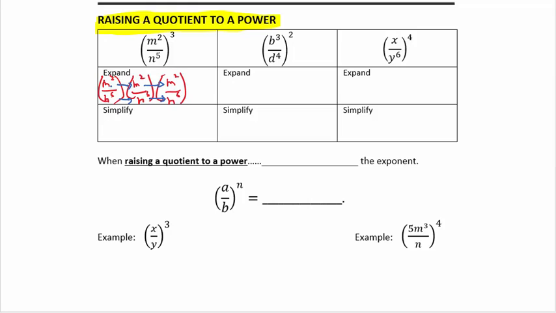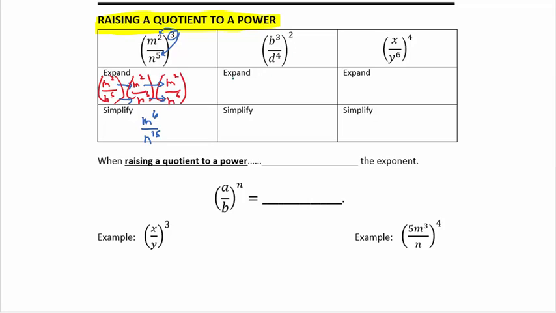Remember our rule, so I have 2 m's, 2 more m's, 2 more m's, so that's m to the 6, 2 plus 2 plus 2 is 6, and I have n to the 5, 10, 15 on the bottom. Okay, so how do I come up with m to the 6 from m squared to the third? Well, I just multiply the 2 times the 3, and I also multiply the 5 times the 3 to get the 15 there.